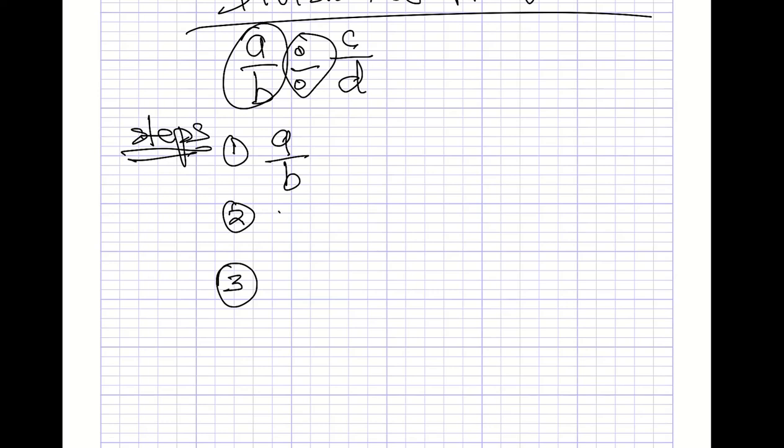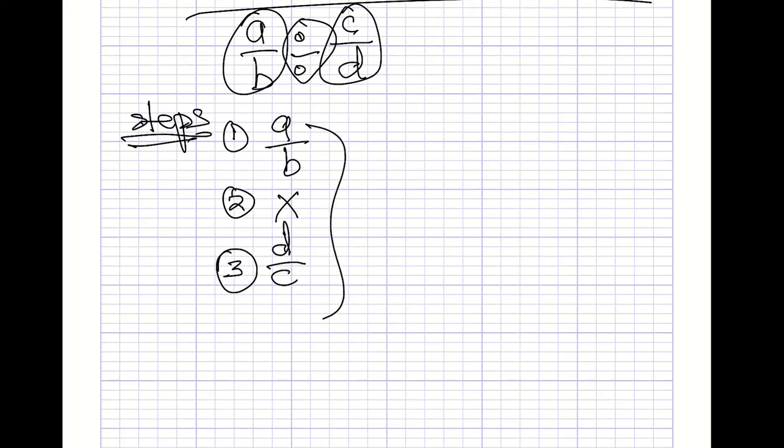And then you take the division, you change it to multiplication, and then this one here, you flip it, you invert it. You invert denominator and numerator like that, D over C, right?